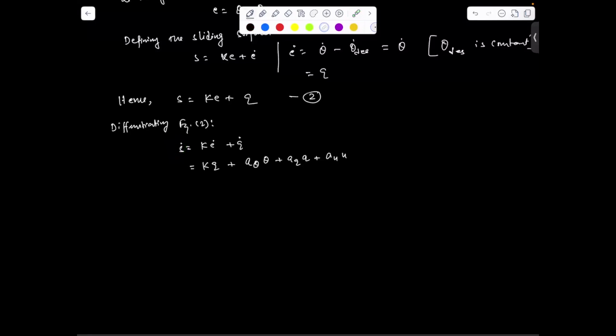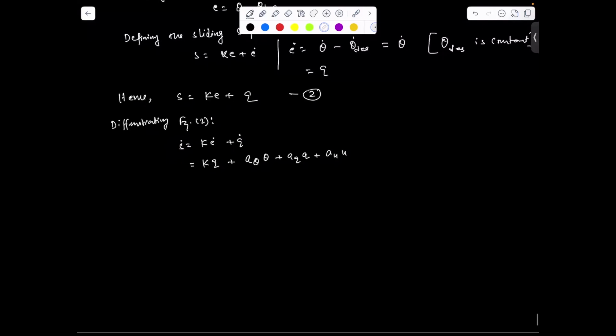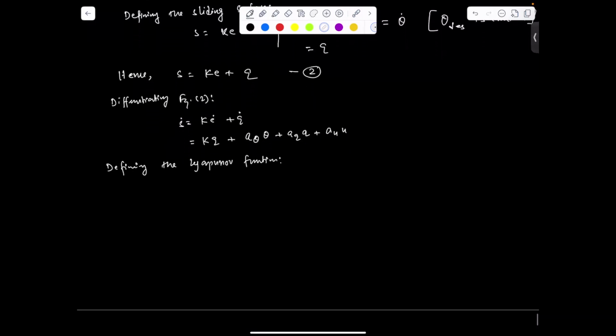Here we can define the Lyapunov function using variable S, as V equal to half S squared.